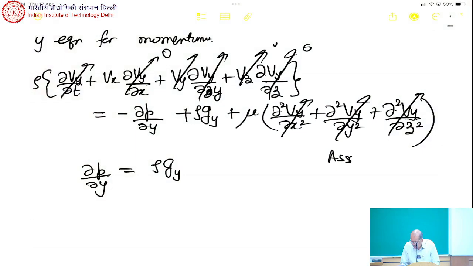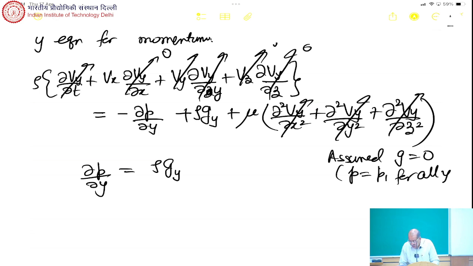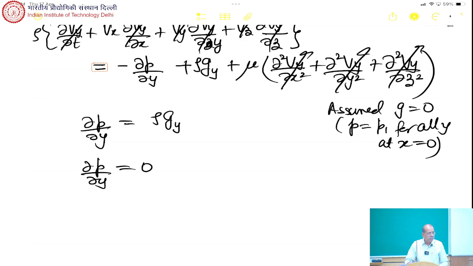So in this case we can basically assume g is equal to 0, because pressure is equal to P1 for all y at x equal to 0. So we have assumed this. So we get partial P by partial y is equal to 0. This is the simplification of this equation.